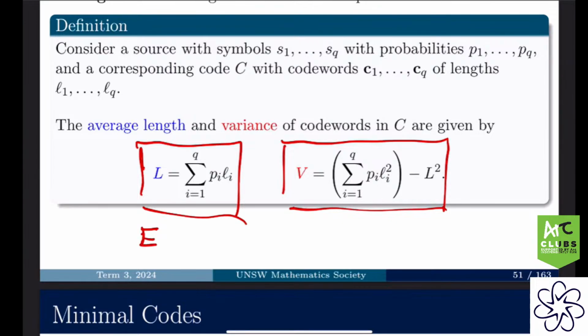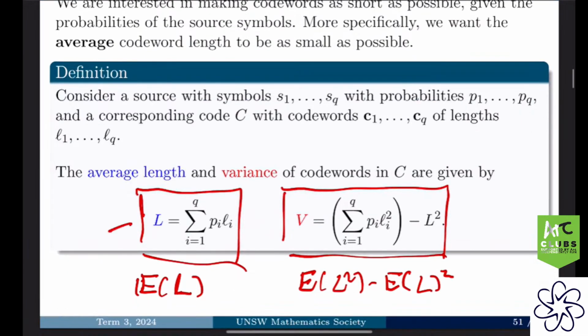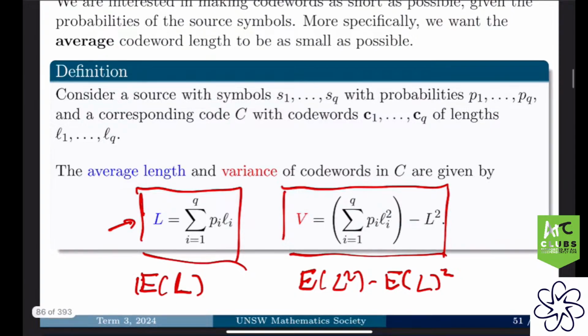You can write this with the notation E of L, and then this will be E of L squared minus E of L, squared. Don't worry if that makes no sense to you. It's just a little bit of an extension. Is there anything else to say about these? I don't think so. This is just the weighted average, which is how we define the average length in this course. Cool.